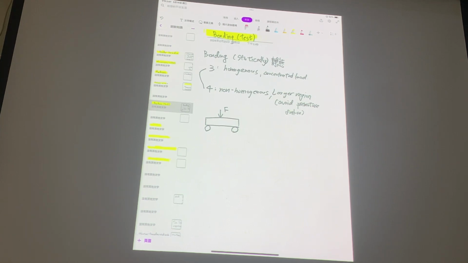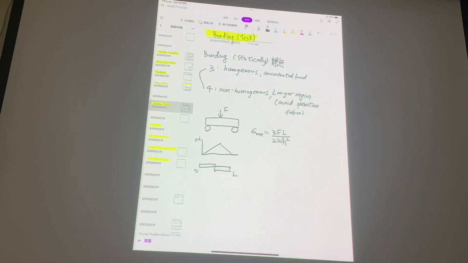I'm sure for those with a mechanical background, you do know how to do your bending moment. So for the bending moment you draw a curve like that, and then you also have a curve like this. Does that make sense? Again, these details I won't dive into, but one of the important equations you should remember is that the maximum fracture stress is 3FL divided by 2WH squared.